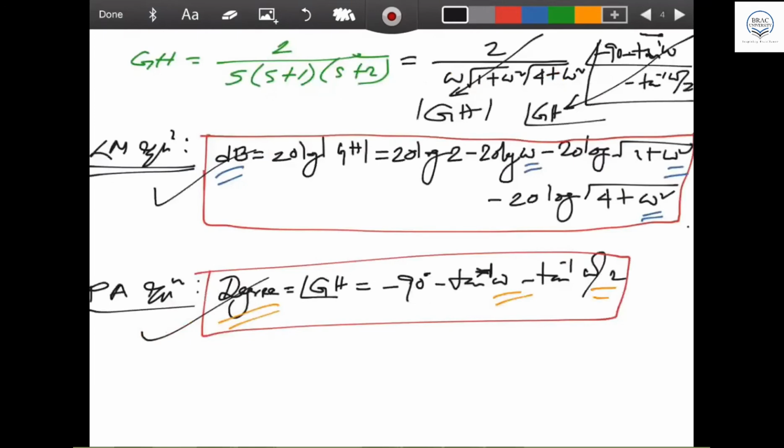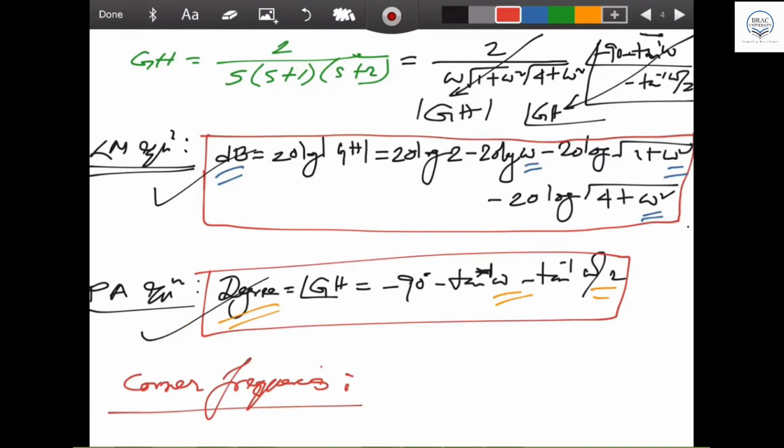So what are the corner frequencies? You have to find the corner frequencies from the poles and zeros. But from here, there is no corner frequency because there are no zeros.